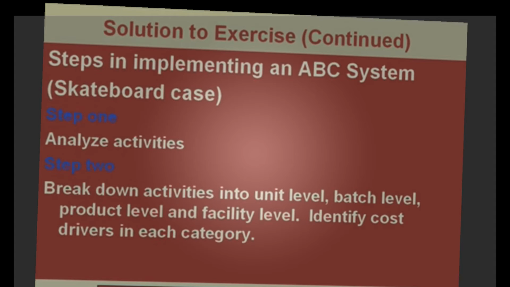For example, purchasing, then production, which includes warehousing, then cutting, gluing, setting up molds, painting, assembly, marketing. For each activity, state where you categorize it, unit, batch, product, or facility, and then identify the cost driver. Go ahead and stop this presentation while you're doing that.